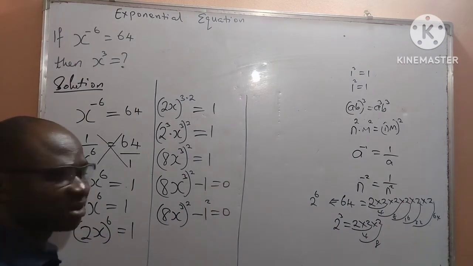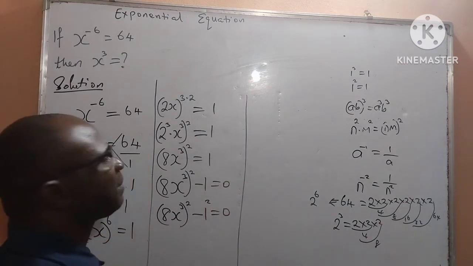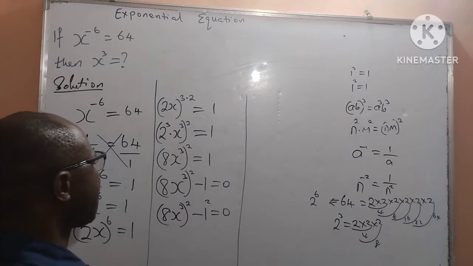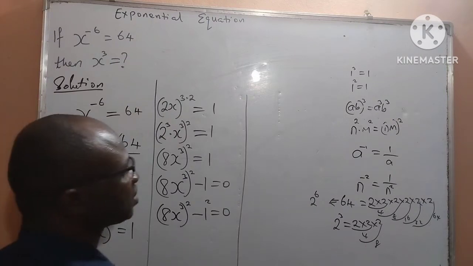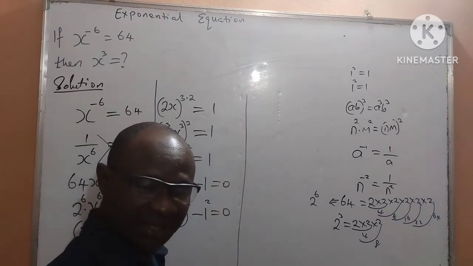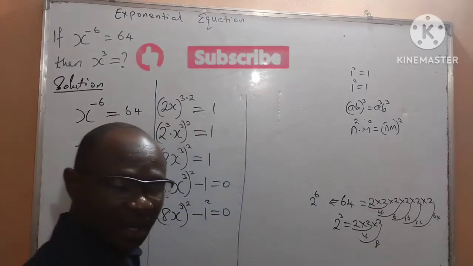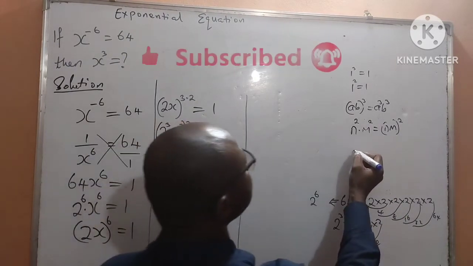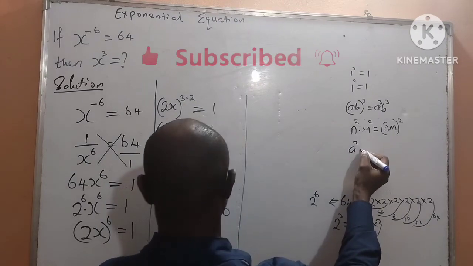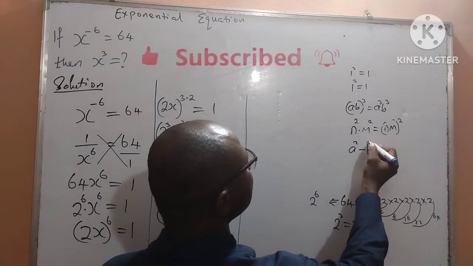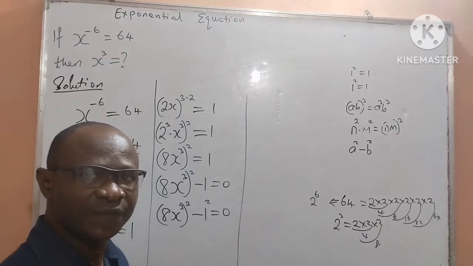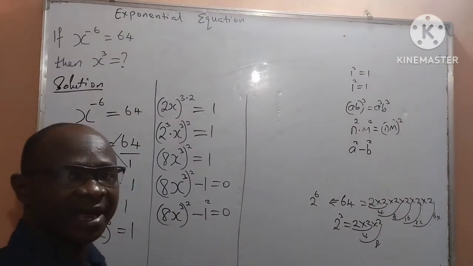With this now, we can apply the law about the difference of two squares, where it is written that if we have a raised to the power 2 minus b raised to the power 2, difference of two squares, that is what we want to apply here.